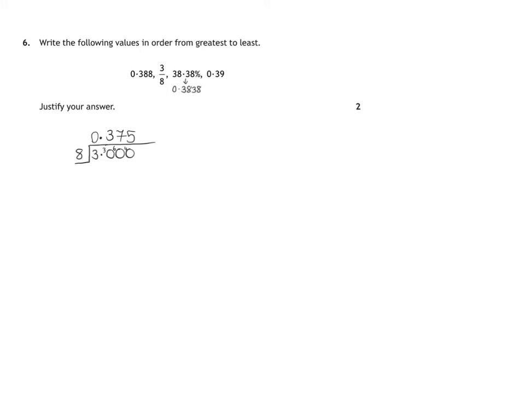So now I can write them in order because they're all decimals. We should still write them as they've been given in the question, but to start out with, we can do it this way. So greatest to least. Looking at those, our biggest one is going to be our 0.39.